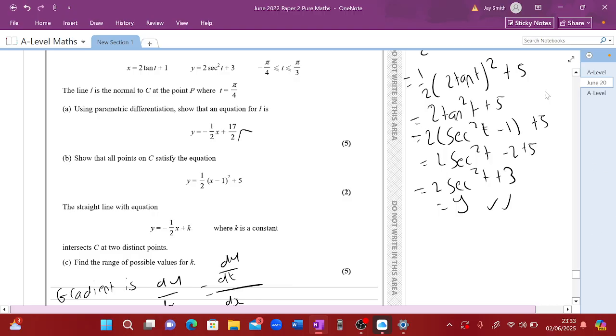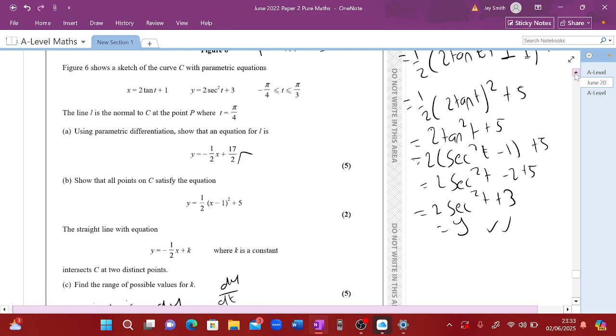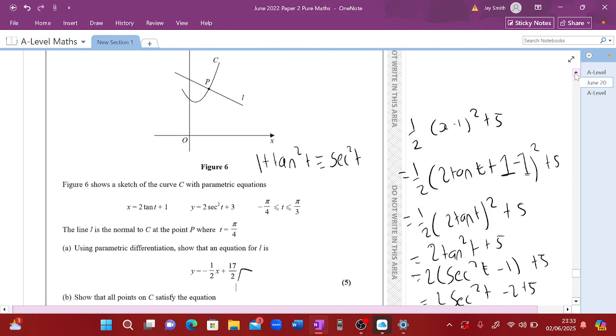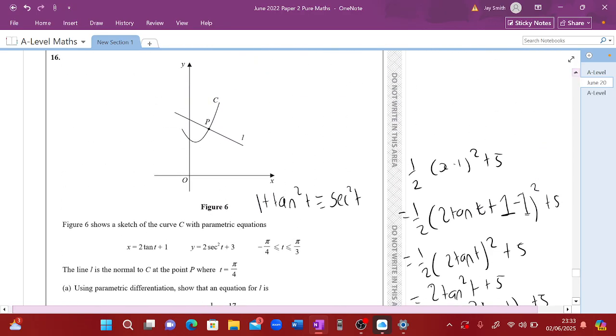Right. So what's going on here is if we have our normal, remember, our normal is y is minus a half x add 17 over 2. What we want to find is the general line, y is minus half x add k. Now, if we add in a number at the end, it's kind of like saying f of x add k, right?